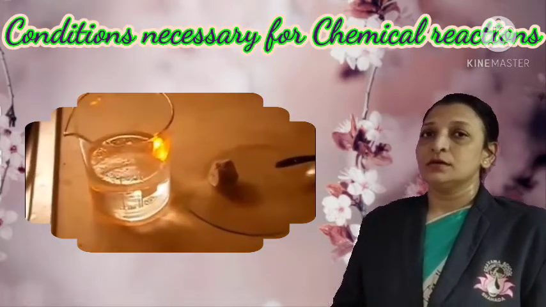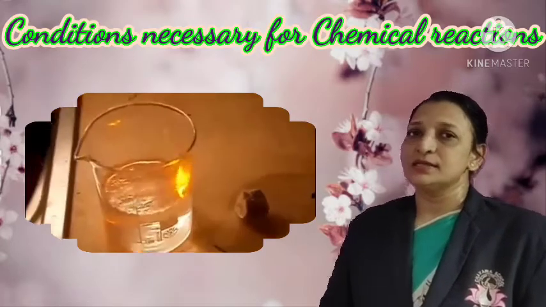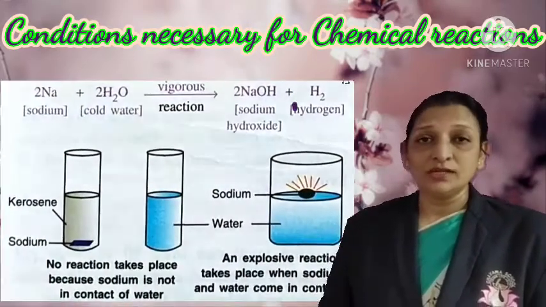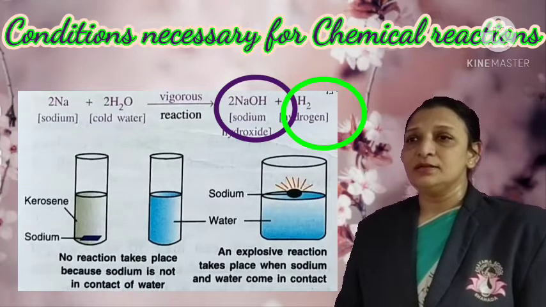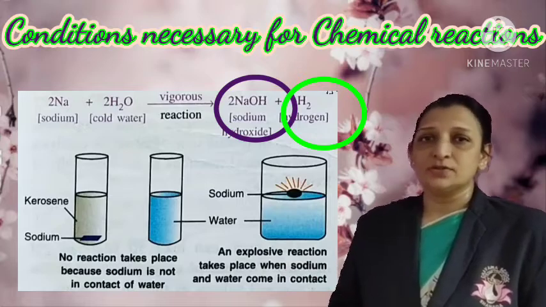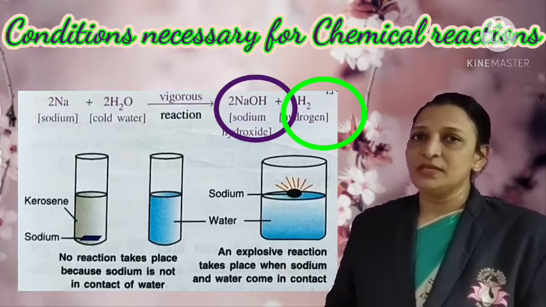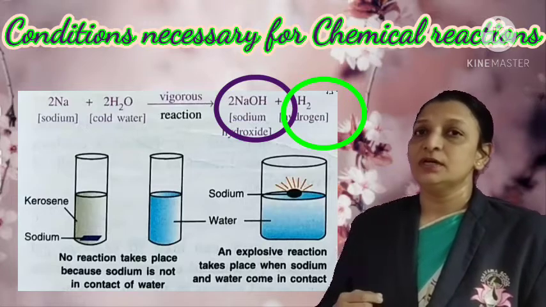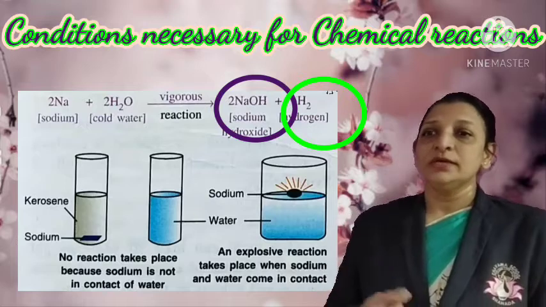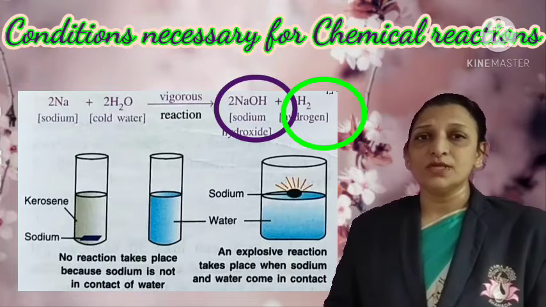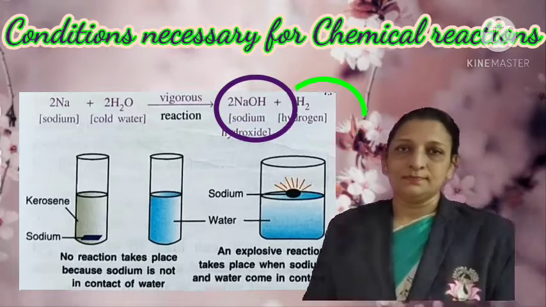Along with it, gas is getting liberated and this gas is nothing but hydrogen. You can test presence of hydrogen by burning the candle near the tube containing hydrogen gas. It will get extinguished with the popping sound and the flame will convert blue in color. This confirms hydrogen gas is produced in reaction of sodium and water due to close contact.